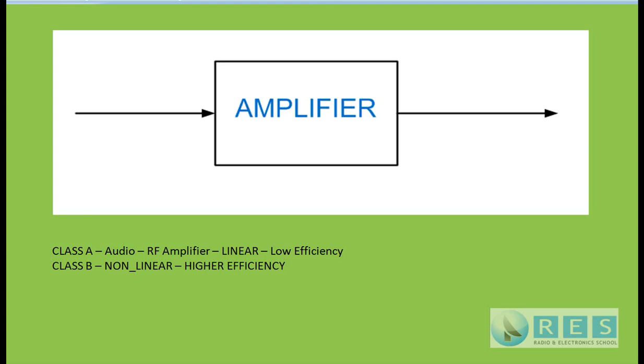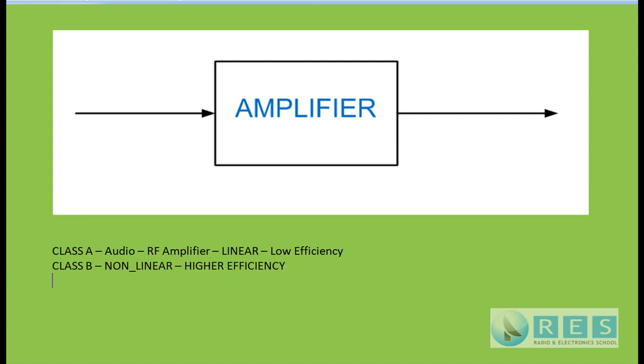Not as linear as a Class A, but still linear enough to be used in radio transmitters and receivers without producing too much distortion. But basically, on its own, a Class B amplifier is generally a high-powered audio amplifier or a high-powered radio frequency amplifier. And we can use two of them to convert a Class B amplifier into a linear amplifier, in which case it's called Class B push-pull.